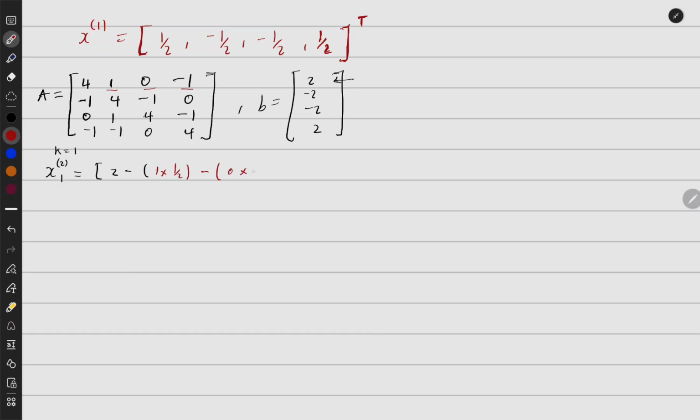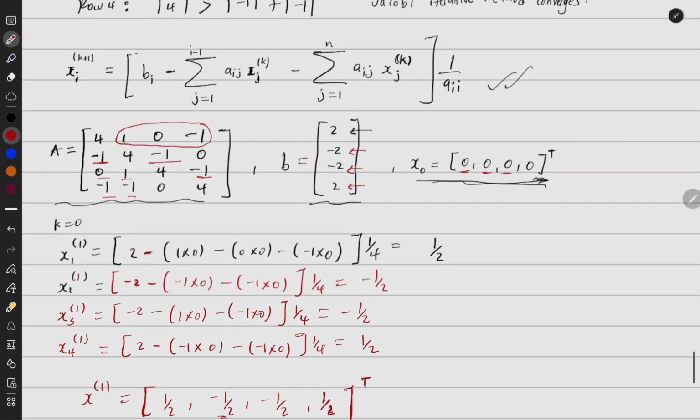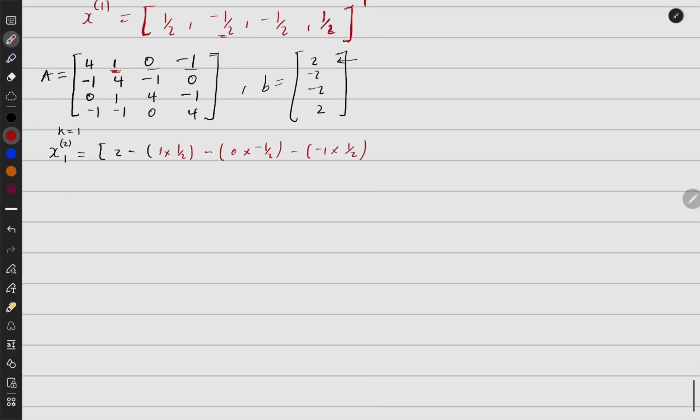Then 0 times the corresponding value, which is negative a half. Then I take negative 1 times the corresponding value, which is a half. So this is negative a half. Then times 1 over 4. So we get 3 out of 4.